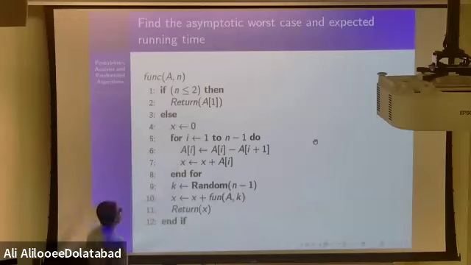The running time of the if condition is constant and can be ignored. And the running time of line 10 is T of k. Therefore, the recurrence is T(n) equal to T(k) plus cn.